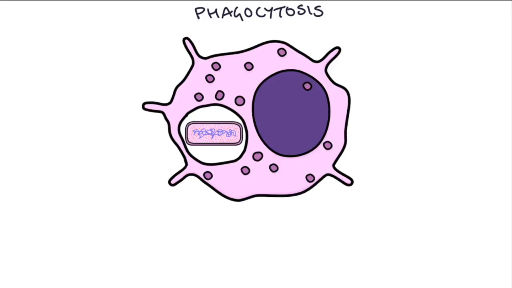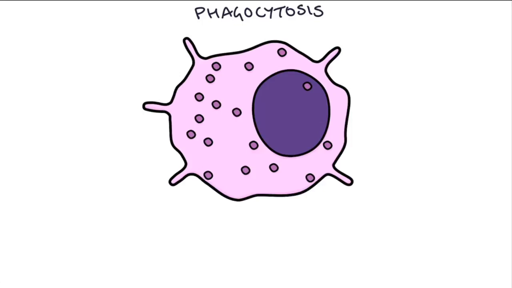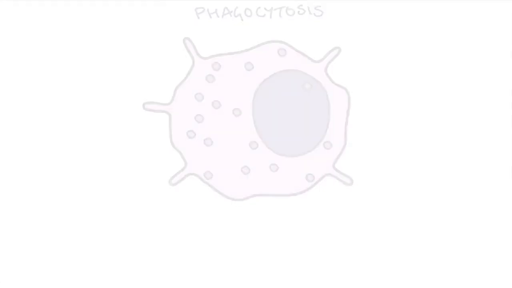The pathogen is then left inside something called a phagosome, and this phagosome fuses with surrounding lysosomes that provide digestive enzymes that then break down that pathogen, destroying it, and also processing all of the components into harmless waste products.